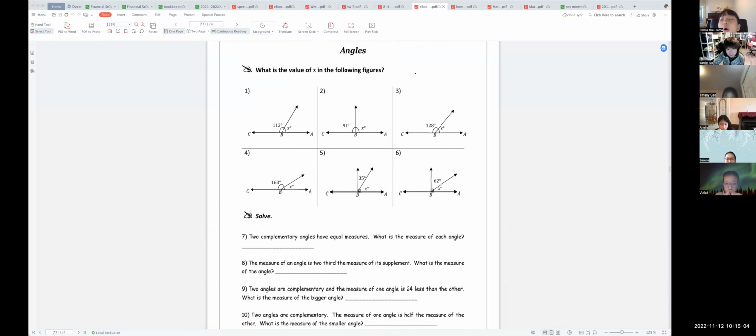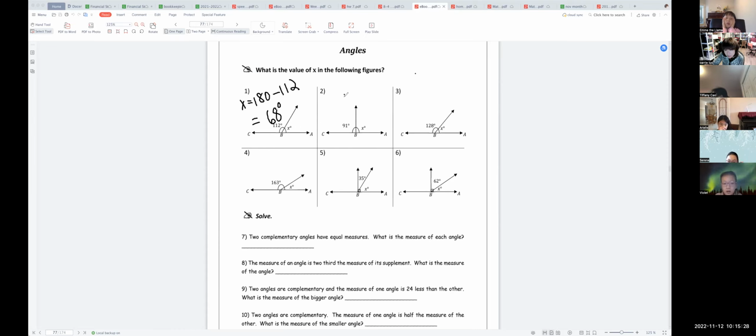Okay, so this one, 112 plus x equals 180. So x equals 180 minus 112 equals 68 degrees. These two numbers are supplementary and you can calculate that one, right?